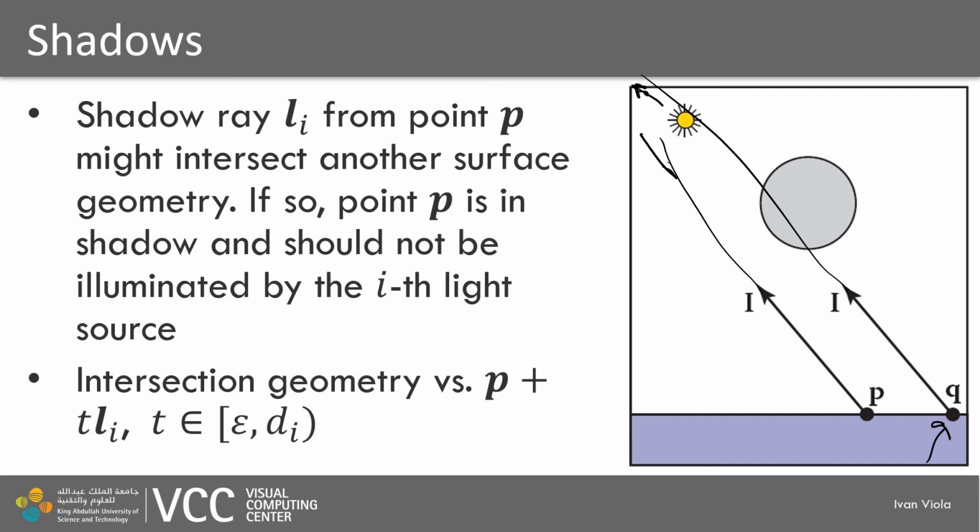This means that there is a geometry between the light source and the point Q, which means that the point Q is being occluded. But only if there is no intersection, the intersection test returns false for all objects, this means that the point is not in shadow, as would be the result for the point P here.